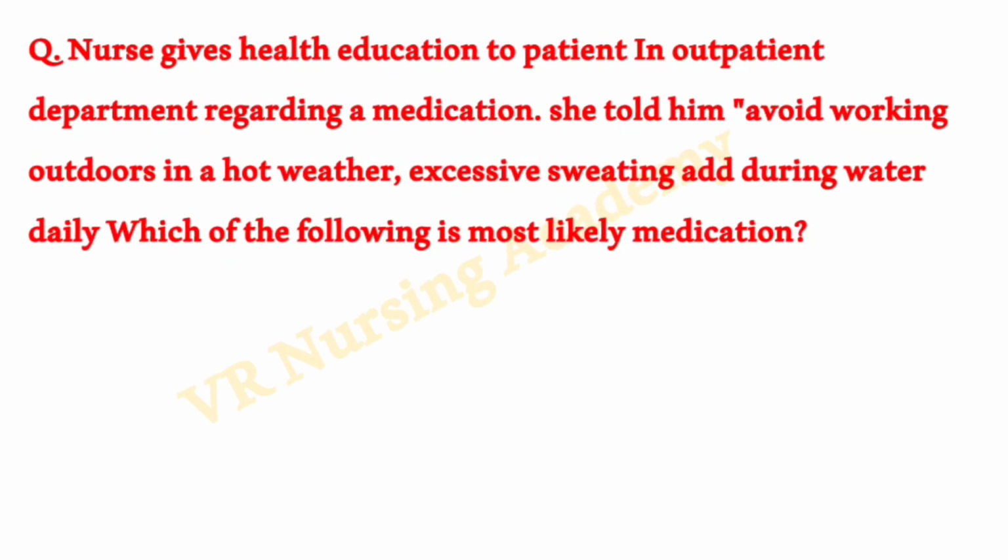Next question. A nurse gives health education to a patient in the outpatient department regarding a medication. She told him, avoid working outdoors in hot weather. Excessive sweating, add more water daily. Which of the following is most likely the medication?